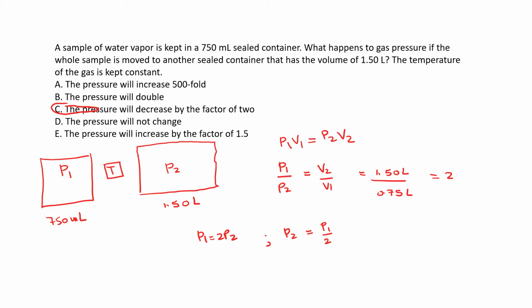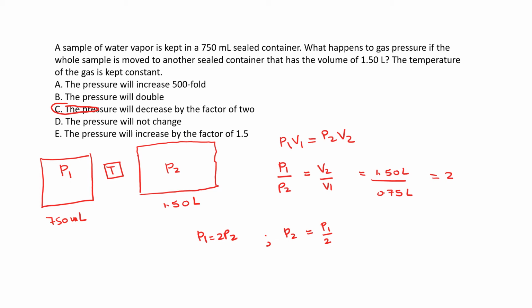A sample of water vapor is kept in a 750 milliliter sealed container. What happens to gas pressure if the whole sample is moved to another sealed container that has a volume of 1.50 liters? That means they doubled the volume. The temperature of the gas is kept constant. So it's important to know the T is constant.